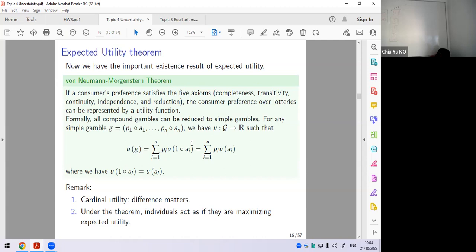You look at the lottery, you have many different outcomes. What you do is reduce this problem to the certainty case: look at each outcome, what's the utility of that outcome, and then weight it by the probability. This is the simplest framework you can imagine, and this framework is called expected utility.